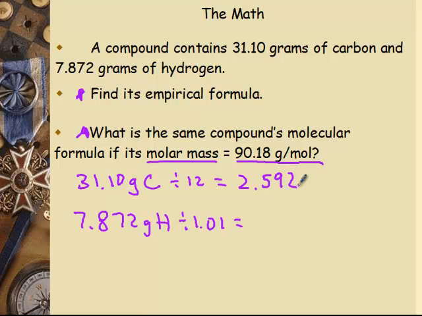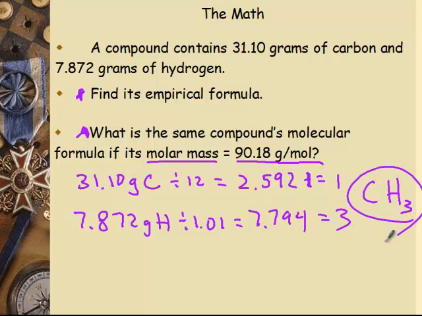If you don't know how to do that, go back and watch the one on empirical formulas. 7.794. Okay, so there's the mole ratio. I'm going to divide by the smaller one, and I get a 1. And I get a 3. So this is a 1 to 3 mole ratio. So the reduced ratio is 1 to 3. CH3 would be the empirical formula.